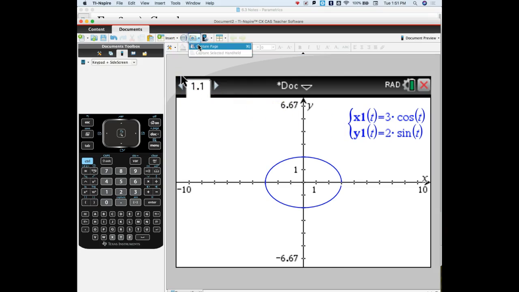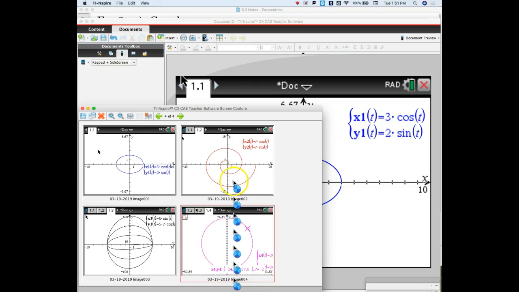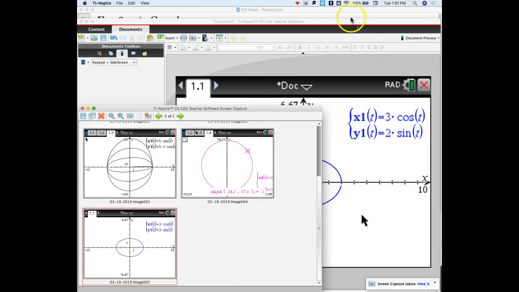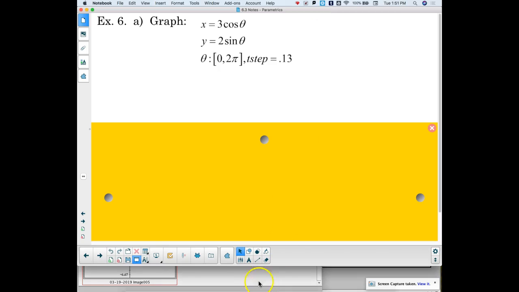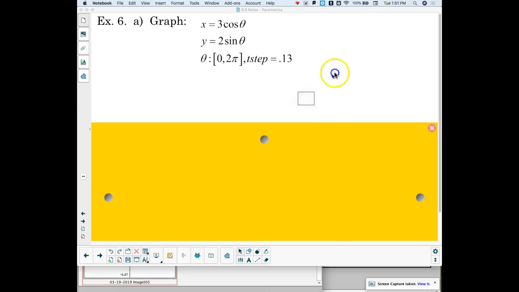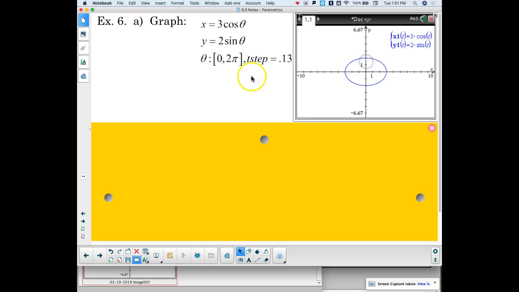Let's go here and there, and there it is. That looks so much prettier. So talk to me now about said ellipse. What can you tell me about this particular ellipse?